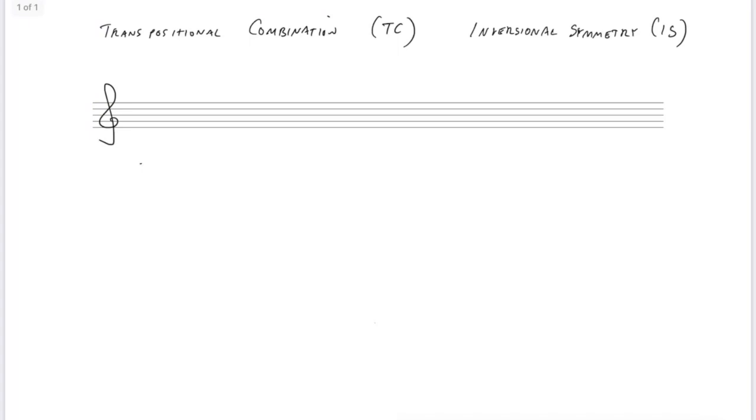So I'm just going to pick 6, 7, and that's 0, 1, 2, 6, 7, 8. I'll convert it to some pitches, so a pitch class set. So it's 0, 1, 2, 6, 7, 8. And since we're musicians, let's say C, C sharp, D, and F sharp, G, and G sharp.